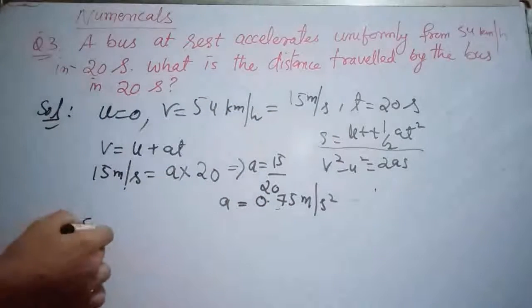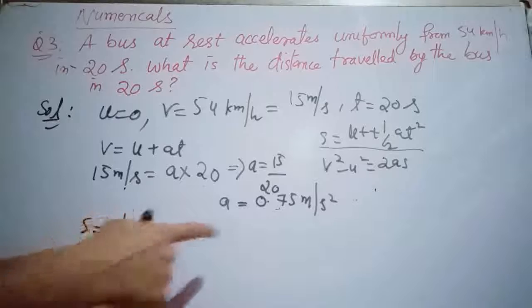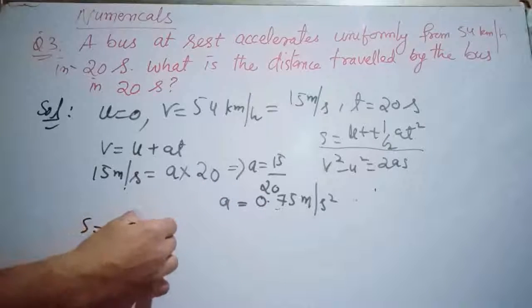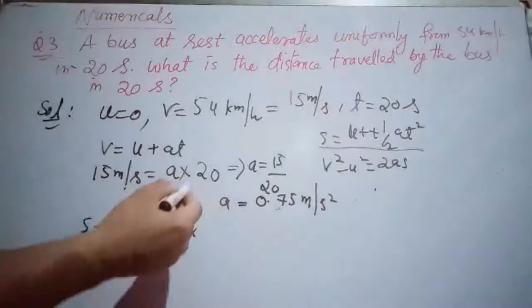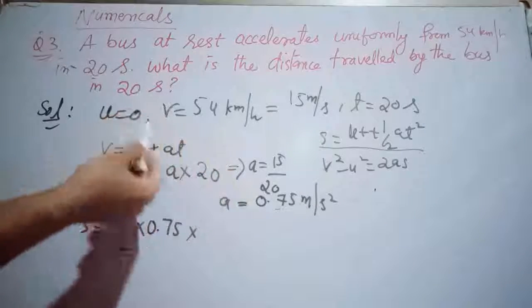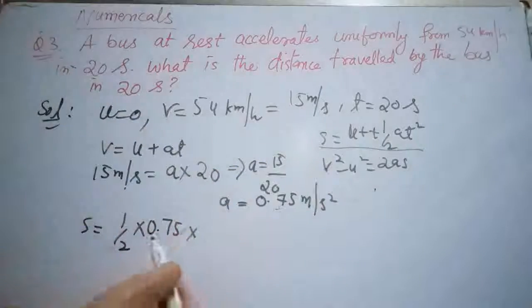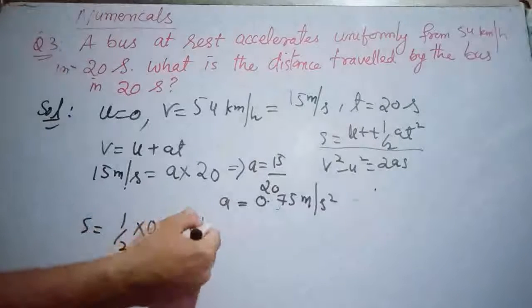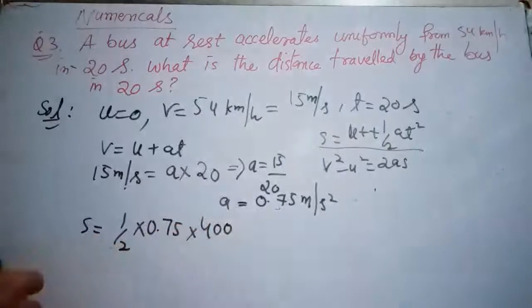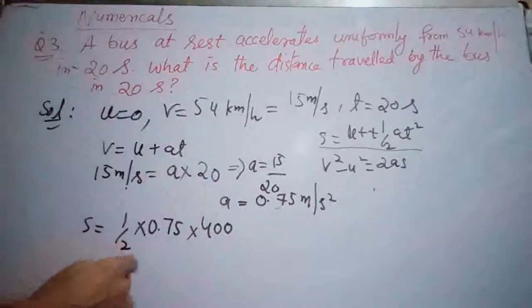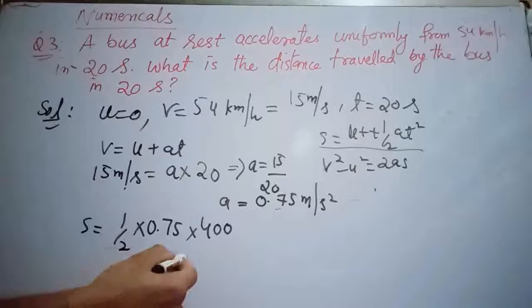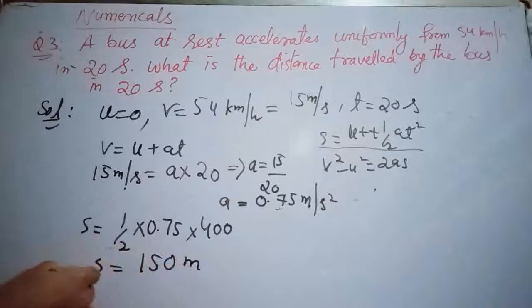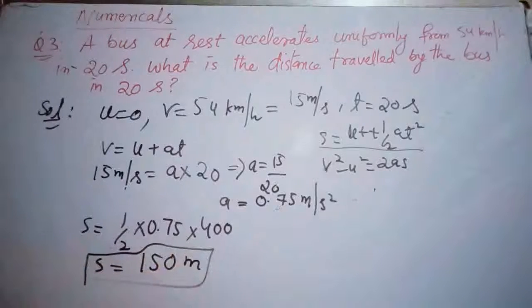So S will be equal to 1 by 2 multiplied by a, a is here 0.75, multiplied by t square. T here is 20, so 20 square is 400. When I calculate this, I get 150 meter. So distance is equal to 150 meter.